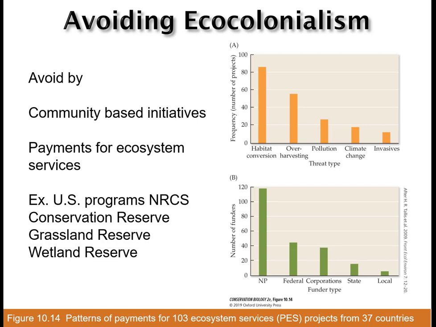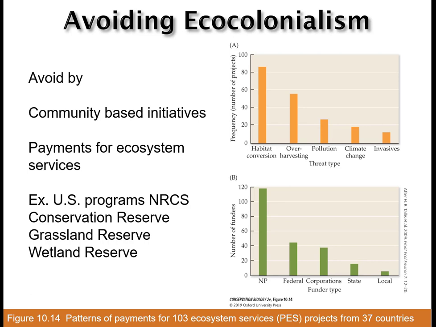We can also try to avoid eco-colonialism through community-based initiatives. This is similar to co-management, simply allowing locals to manage things themselves. The idea is that through community-based initiatives, elders get involved in helping guide traditional uses and conservation that will benefit those species over time.